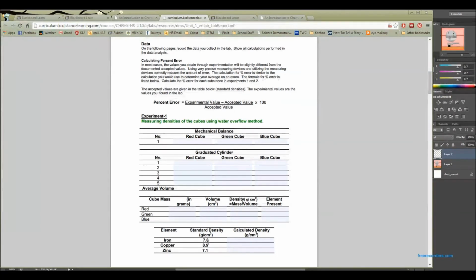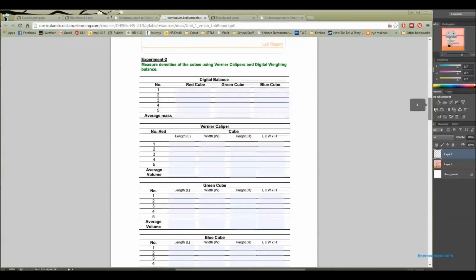So go back and remeasure, recalculate. Anyway, one of the cubes will be around 7.8, and when that calculated density is near 7.8, in that line you would tell me the element, I don't know which one it is, tell me which one of these elements is iron, which one of the cubes is iron, copper, and which one is zinc.